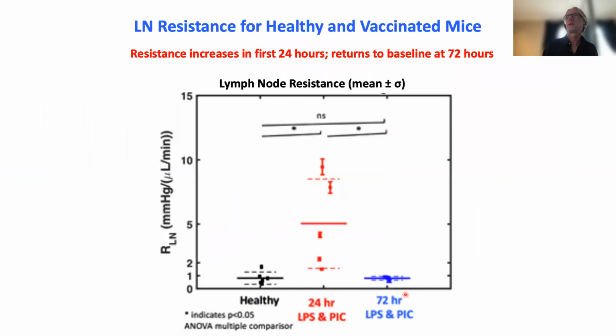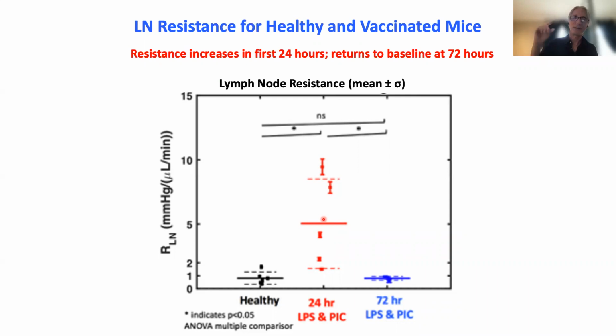So this is what happens to flow resistance. This is flow resistance on this axis here. A healthy lymph node has a relatively low flow resistance because most of that flow is going around the edge, as I showed you earlier. 24 hours after the vaccination, the lymph node flow resistance goes up by an order of magnitude. So it takes a lot more pressure to drive the same amount of flow through that lymph node.